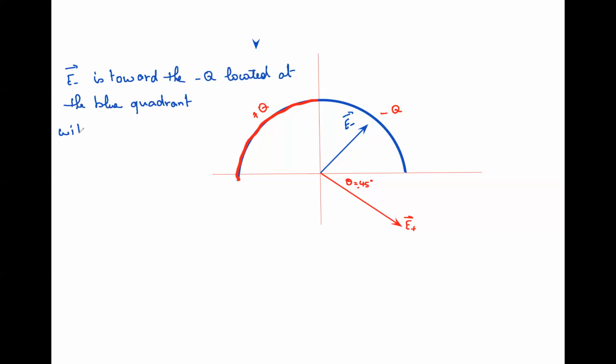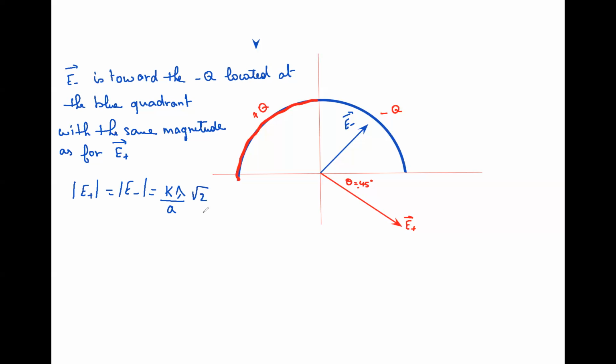With the same magnitude as for E plus. So E plus magnitude equal E minus must be equal to K lambda divided by R, or A, we can say radical 2.